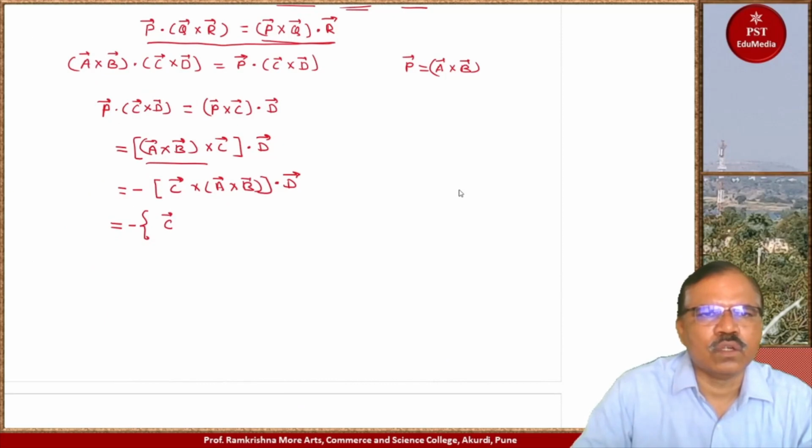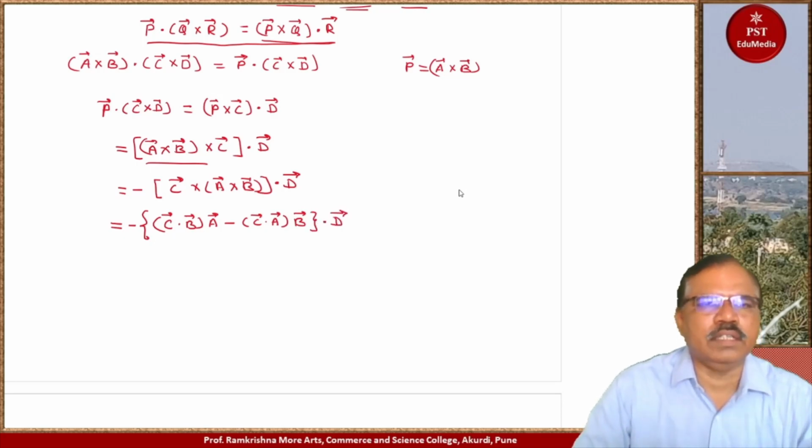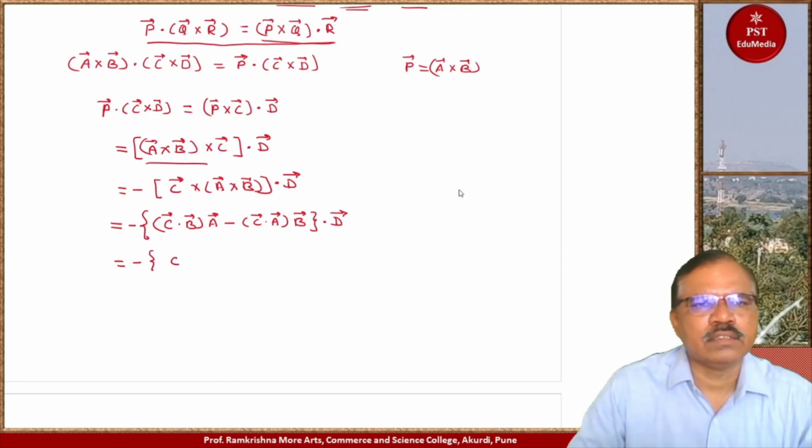So I can write here C dot B, third vector multiplied by second vector, minus C dot A multiplied by the third vector, dot D. So I can write this as minus, in bracket, C dot B into, what?